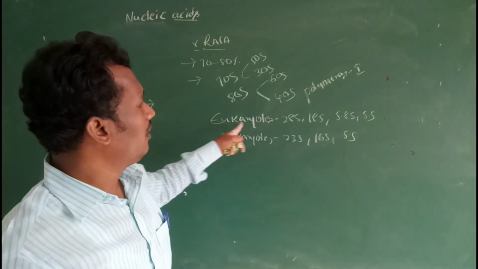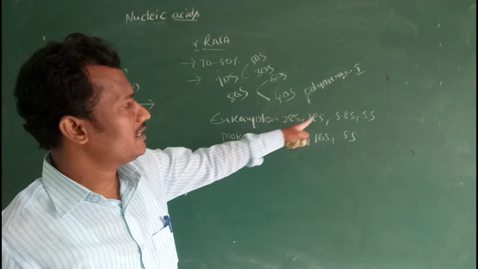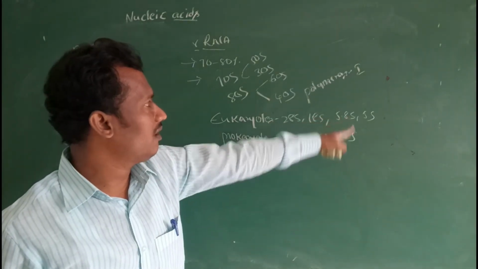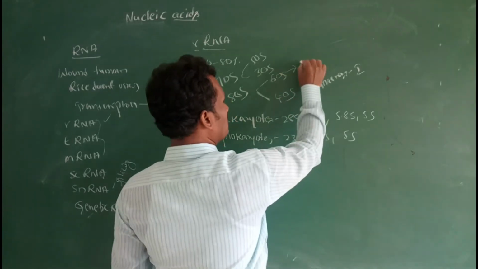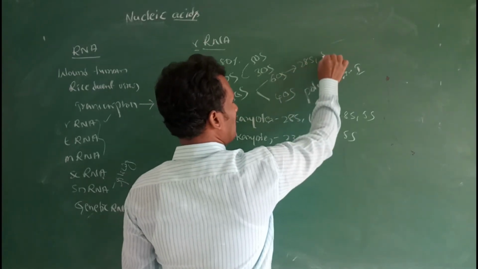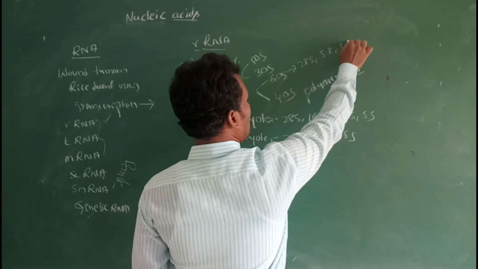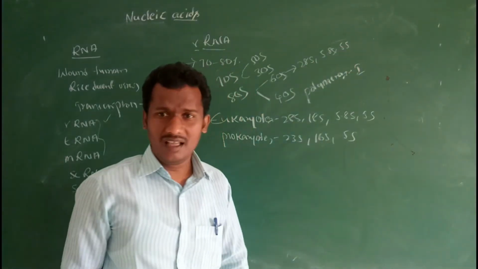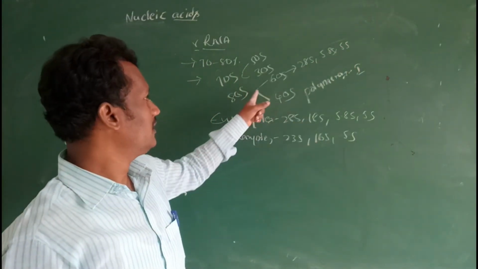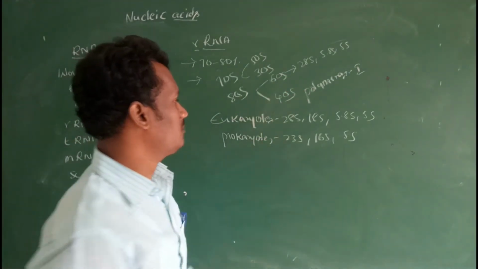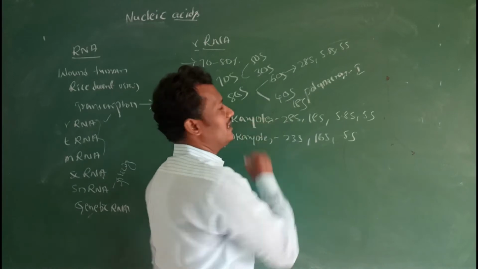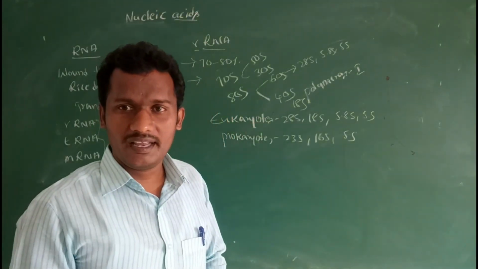In eukaryotes, 28S, 5.8S, and 5S are present in the larger subunit, 60S. These are the 3 rRNA types in the larger subunit. Then in the smaller subunit, 40S, the 18S type of rRNA is present.